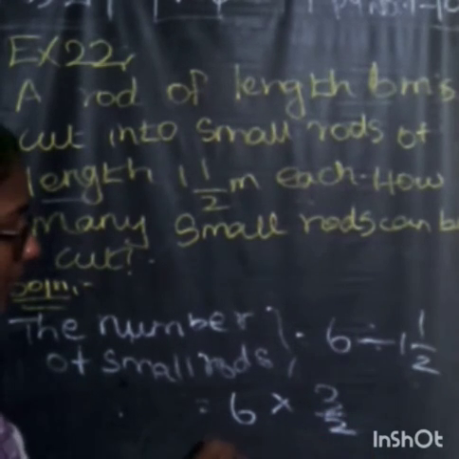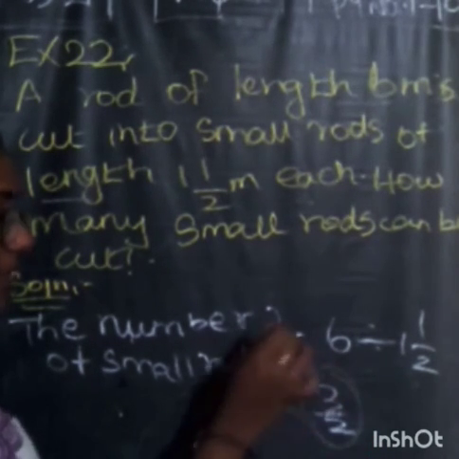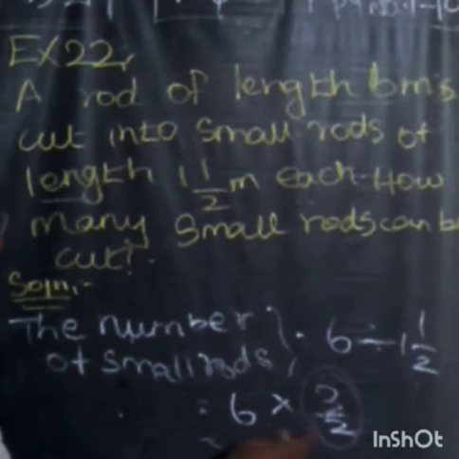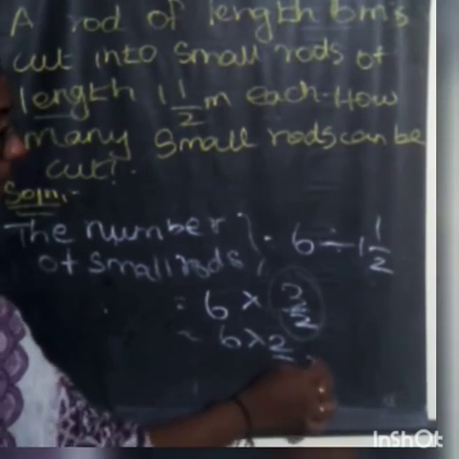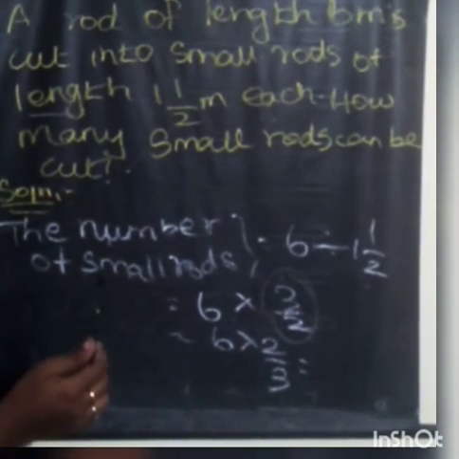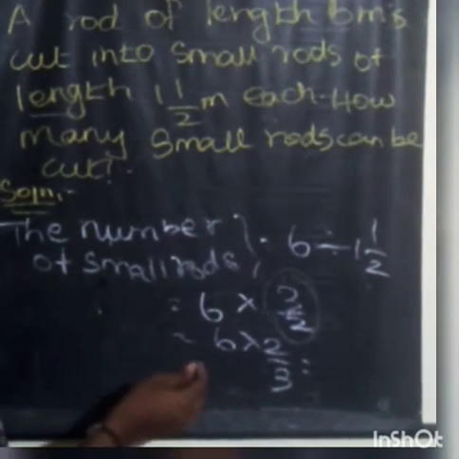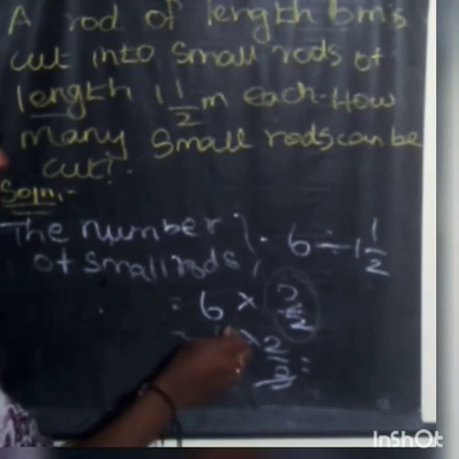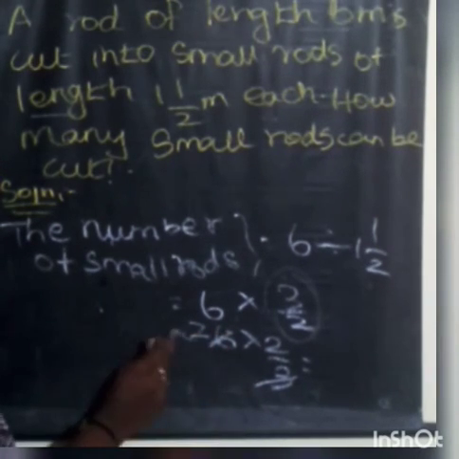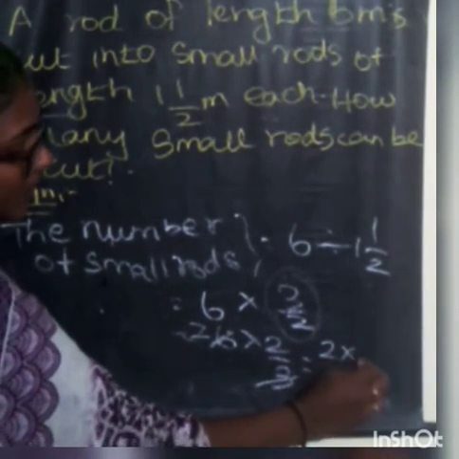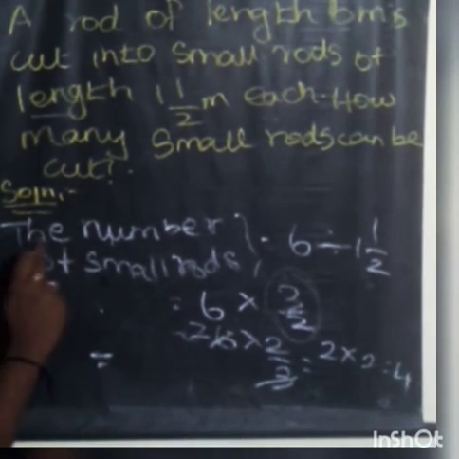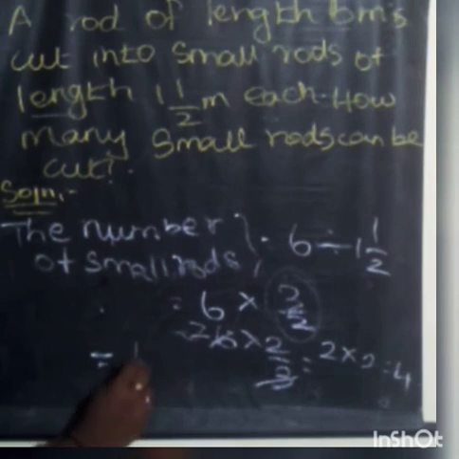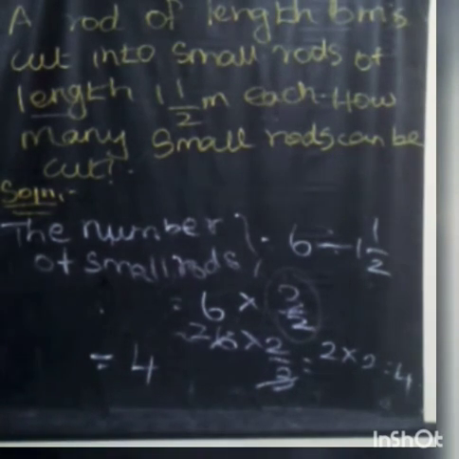Taking the reciprocal of 3 by 2, that is 2 by 3. Then solve this: 6 times 2 by 3. 2 threes are 6, so 2 times 2 is 4. So the number of small rods is equal to 4.